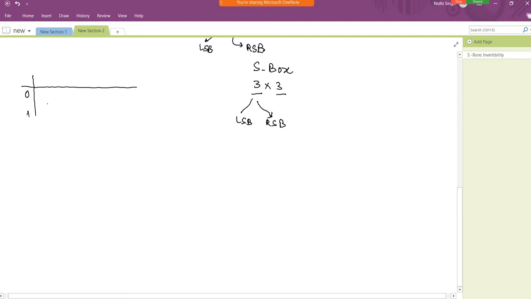So 0 and 1 will act as LSB, and for the RSB, I am using 00, 01, 10 and 11. These examples are just for the understanding point of view. Okay, the values here have no significance; I am just writing them as an example, for understanding.